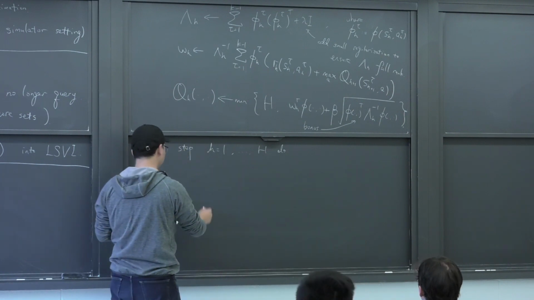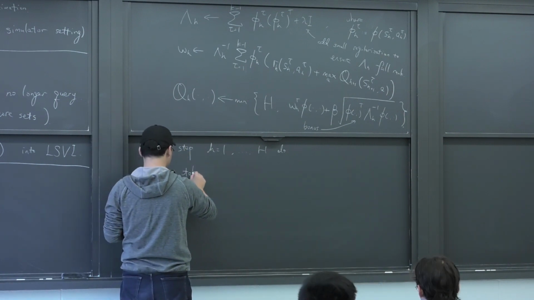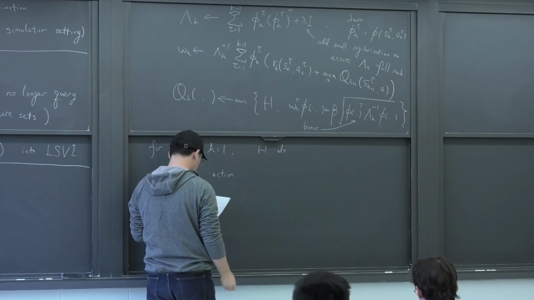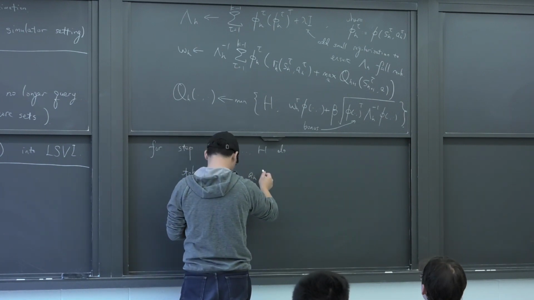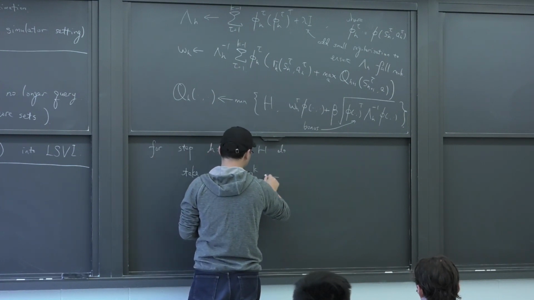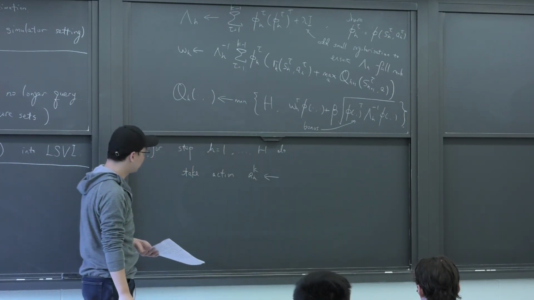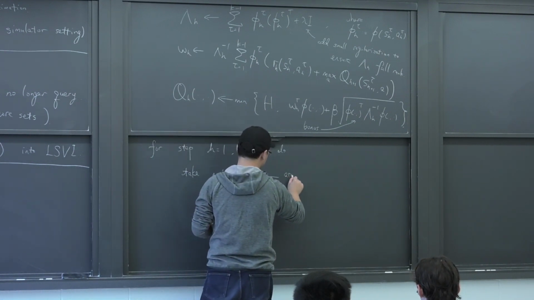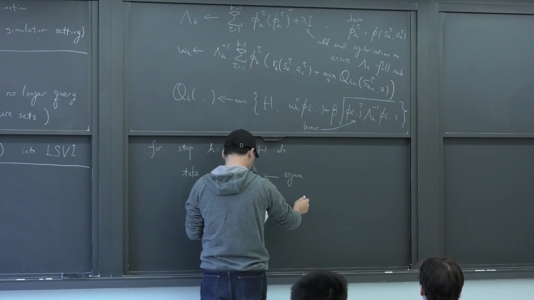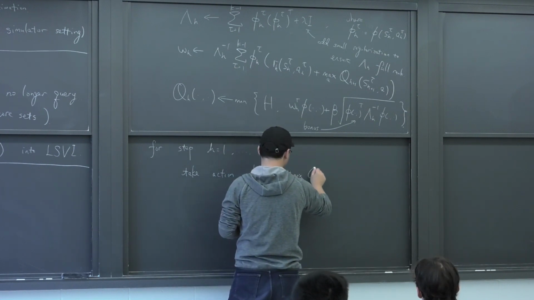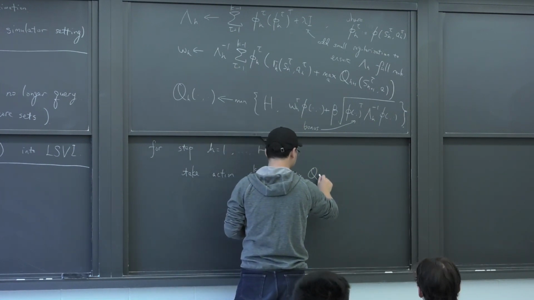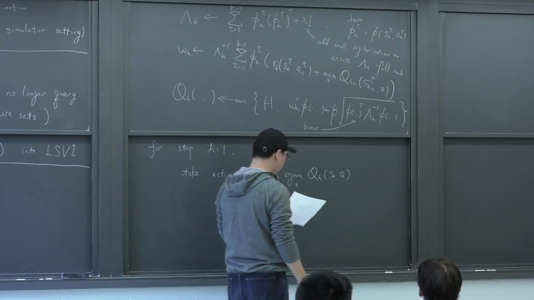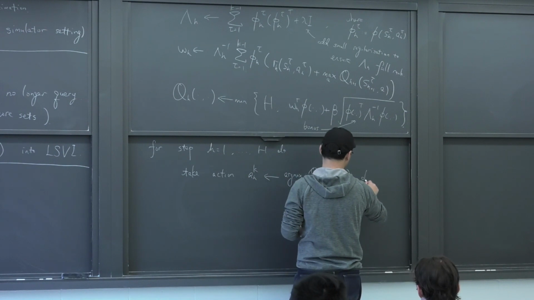We take action a_h^k, the action at step h and episode k, to be the greedy action of the Q value we computed earlier. And then we observe the next state.